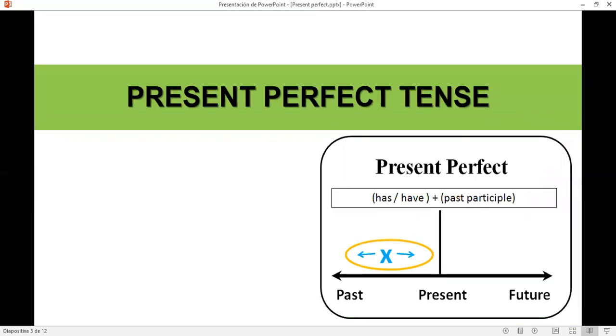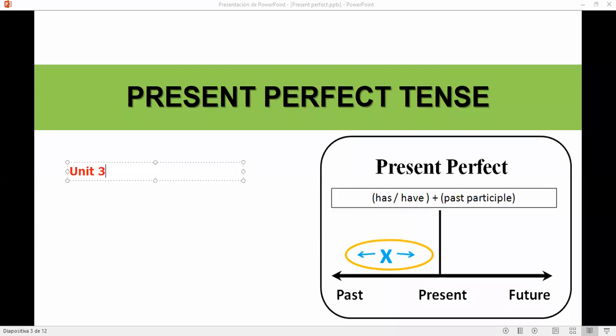Okay, let's start. We're going to start with the present perfect. We're going to practice a lot of topics this month, but one of the principal topics is the present perfect. Starting from unit number 3, okay?